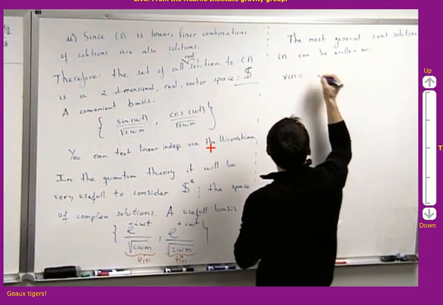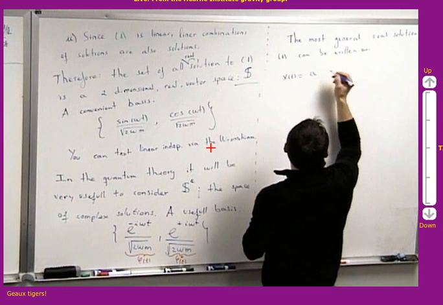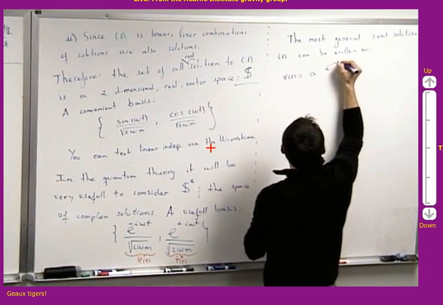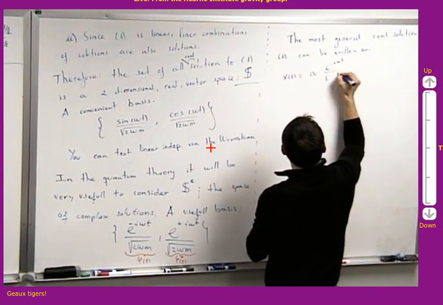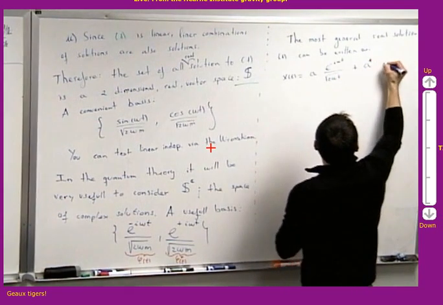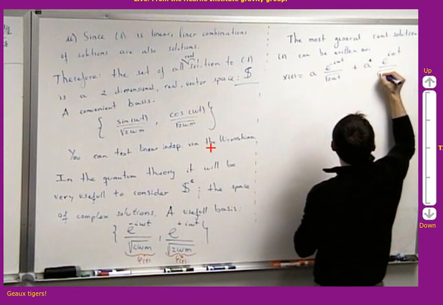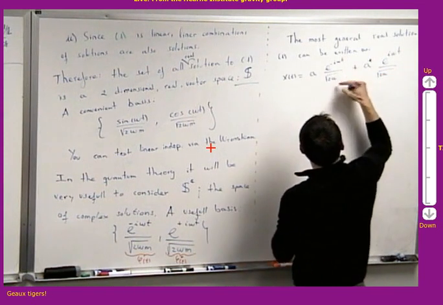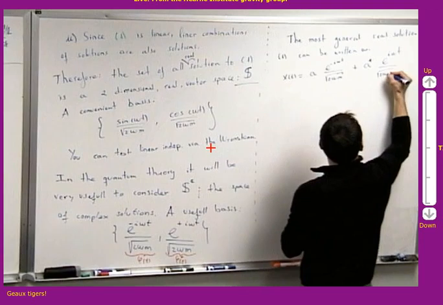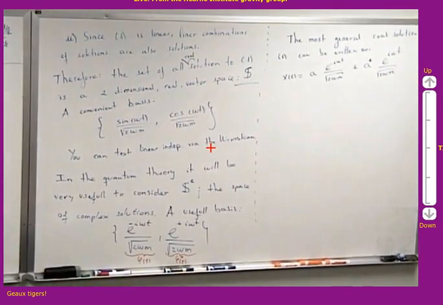It is going to be a real linear combination of our basis vectors. So this is the homogeneous solution to the physics of the harmonic oscillator.